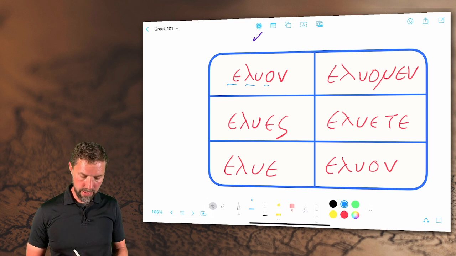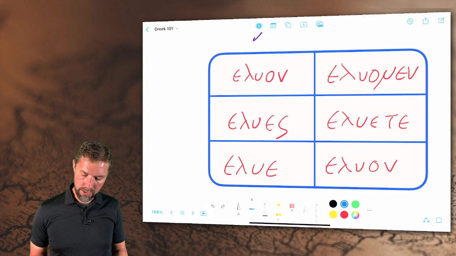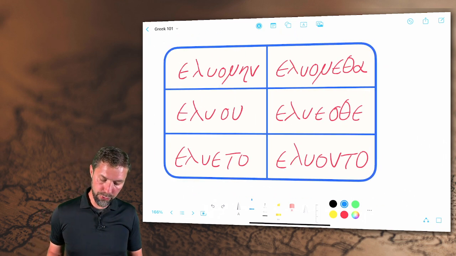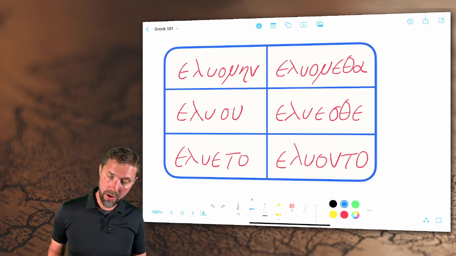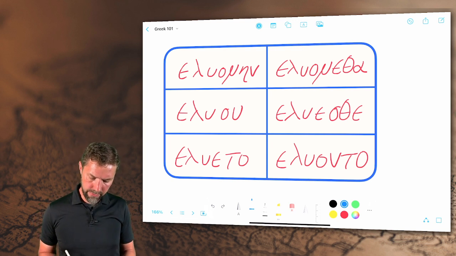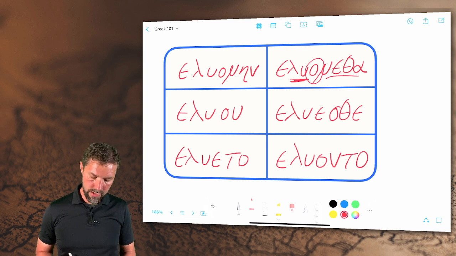I'll end up with eluon, elues, elue, eluomen, eluete, eluon. And over in the middle passives, I'll have eluomen, eluou, eluetο, eluometha, eluesthe, eluonto. Okay, now you'll notice again, I have this similar effect where I've got my stem right here, and then right after that, I'm tacking on a vowel and the rest of my ending.